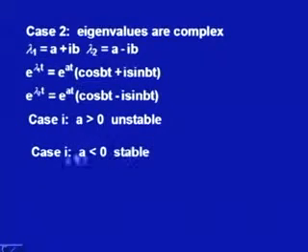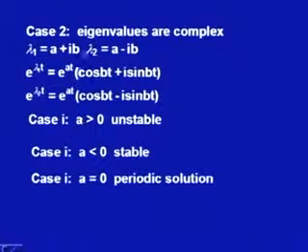However, in case 2, when a is negative, then this term will always go closer and closer to 0, and the other part remains bounded. So, the total term will be going closer to 0, and we say that the solution is stable. In the third case, when a is equal to 0, then we will have a periodic solution.